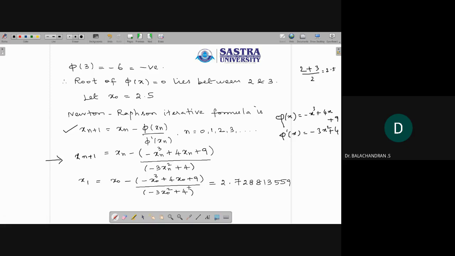In the last class I told you how to calculate using the calculator. I think everybody knows that method. Here you should keep your mode in degree mode. Then put a left bracket.